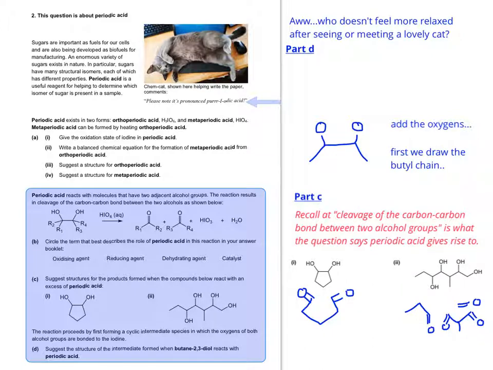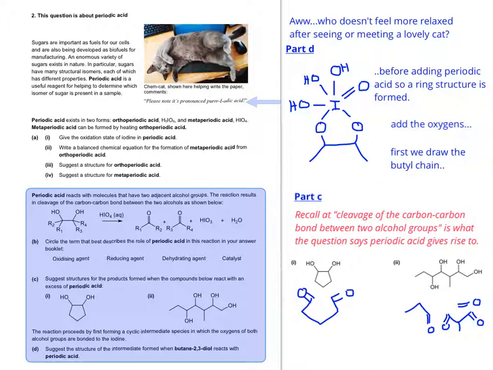So I need to make some room here, so I'll get rid of my butane 2,3-diol. I add my oxygens in, I connect them to the iodine, and finally we can add the periodic acid so that we form a ring structure, so we have a cyclic intermediate.